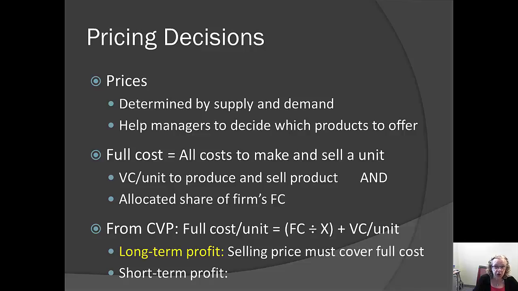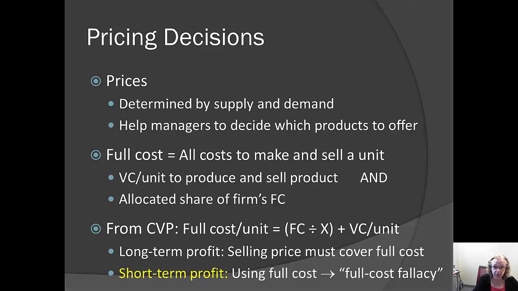However, in the short term, using full cost leads to what's called the full cost fallacy. That means in the short term, our fixed costs are going to be what they are.